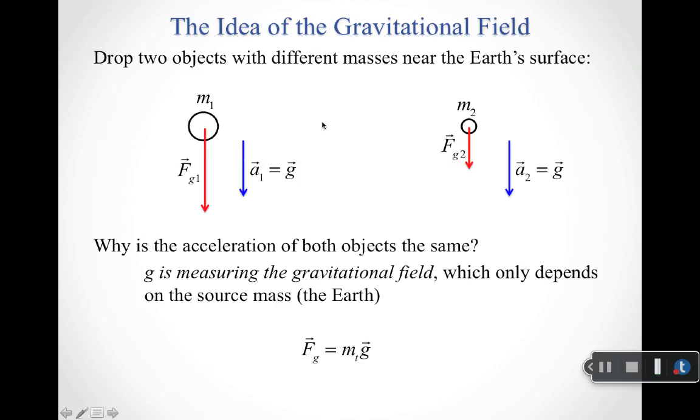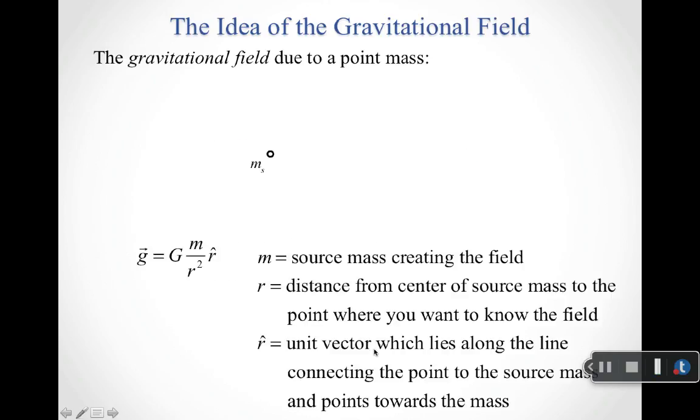That's the test mass, whatever you're dropping within the gravitational field. But the gravitational field itself depends on the source mass, in this case the Earth. So our interaction between two masses is still there. It's just that one mass we're writing explicitly, and the other mass is the mass that's causing the gravitational field. So it's buried inside g, if you will.